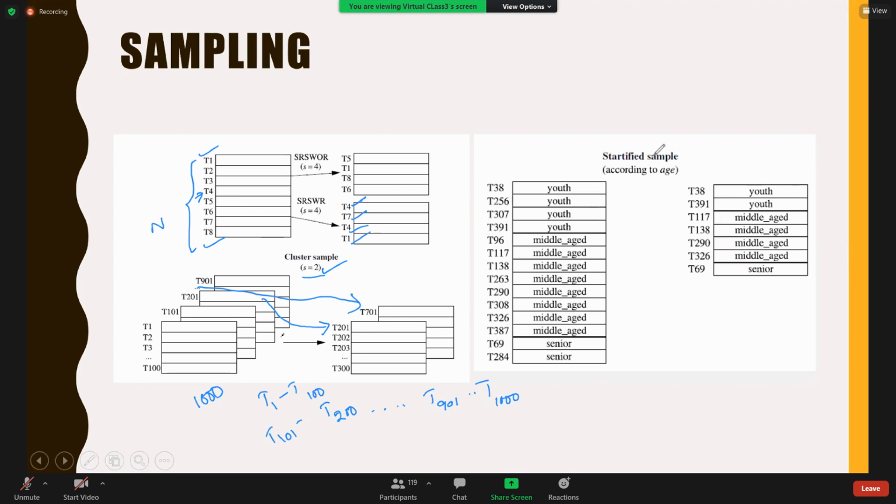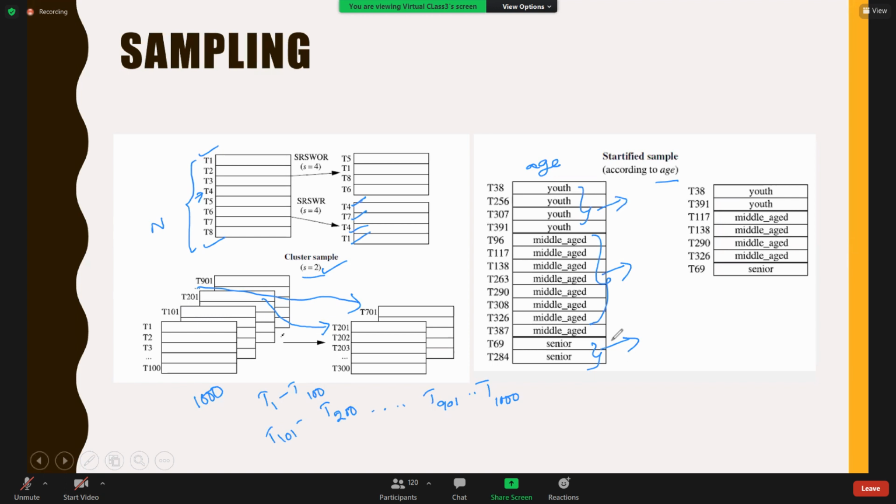And the next one is stratified sample. Based on the attribute values, we group the data. Here you can see this is related to age, so stratified sample according to the attribute age. Age has 3 kinds of values: youth, middle aged, and senior. Each one is called one strata: first strata, second strata, third strata.